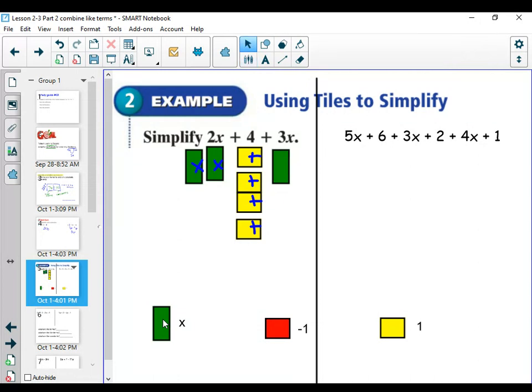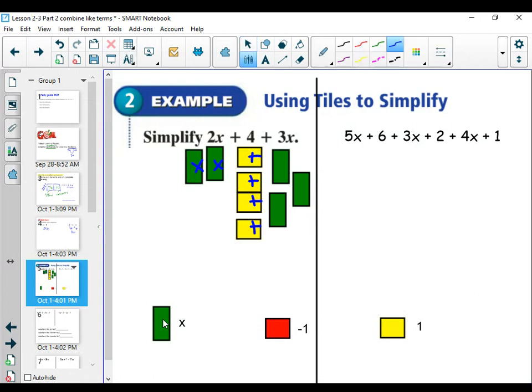And I have 3 more things called X. Since the greens and the yellows don't look alike, since the positive and the X's don't look alike, I cannot just smash them all together.